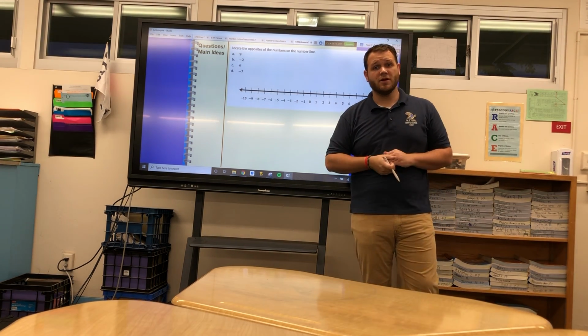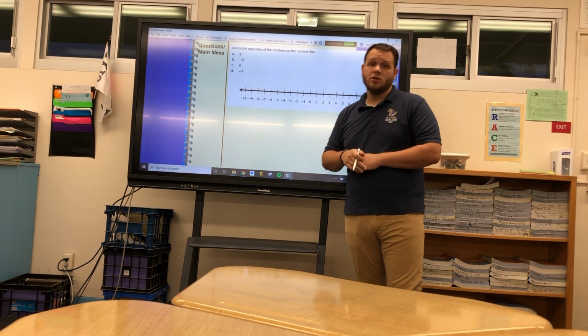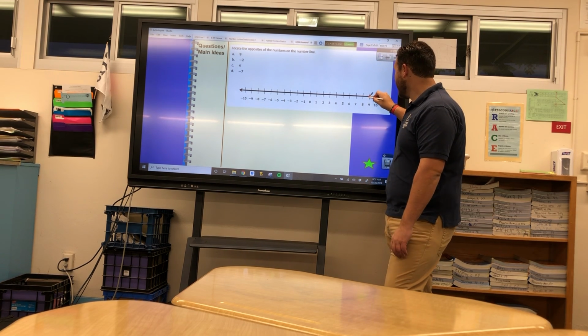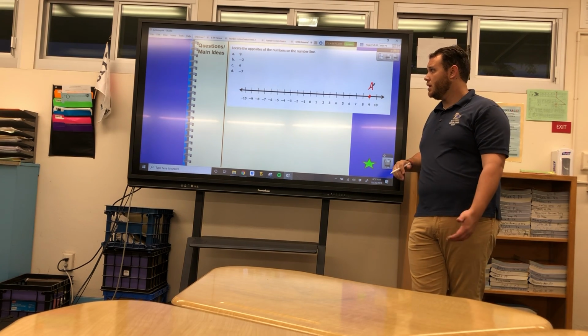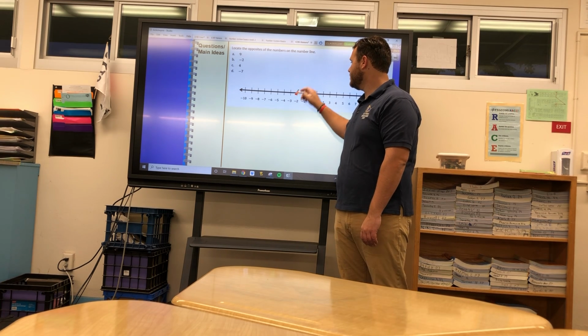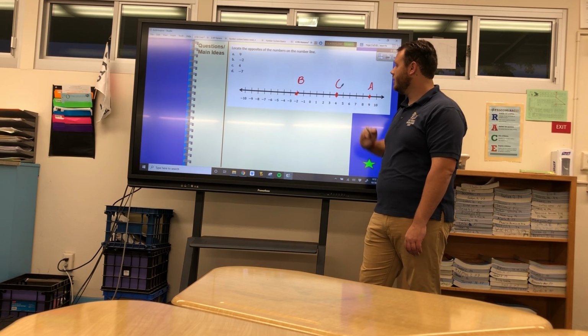Last thing, guys, there are occasions when we're going to need to put numbers on number lines. So looking at A, 9, it's a positive 9. It's way over here. Looking at B, that's negative 2. Negative 2 is way over here. C is positive 4. It's going to be right here.